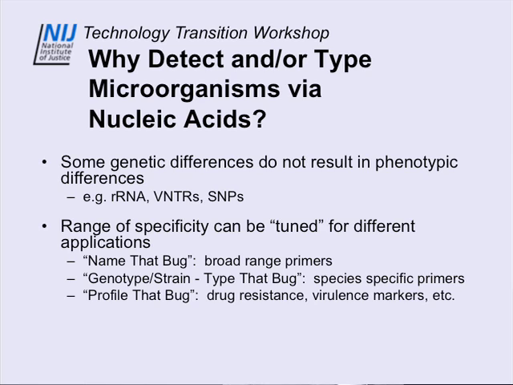And using PCR, we can tune the sort of amplification we do to either be very broad, as I'll show you some very broad applications, or look at genotyping and strain typing, kind of moderate level, or be very specific and ask questions about drug resistance or virulence markers or strain type.